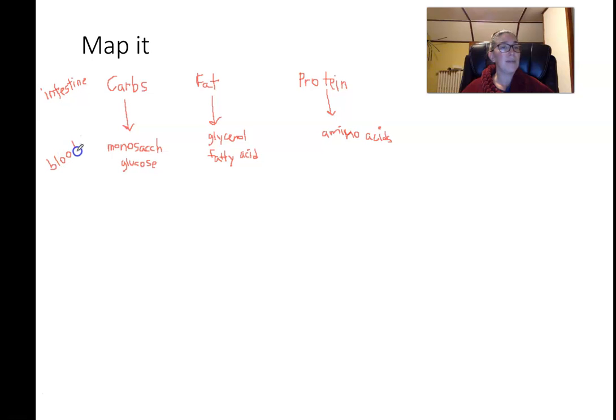So this is what we can absorb into our blood, and our blood carries it around to our cells, and then our cells can take in the glucose and convert the glucose into pyruvate.